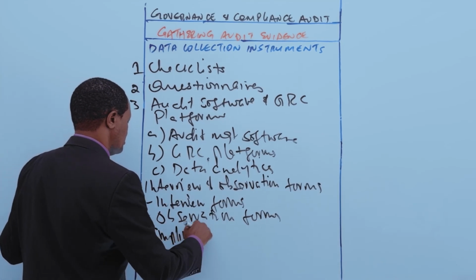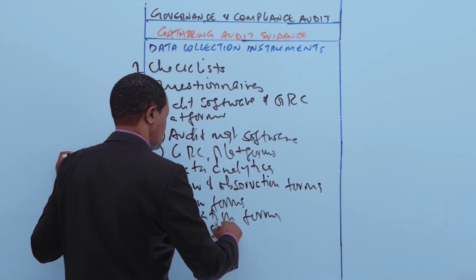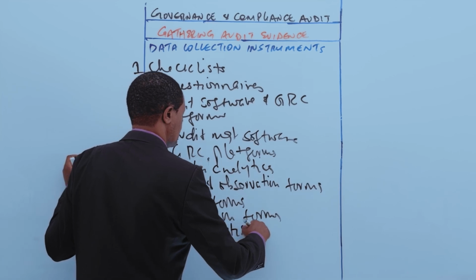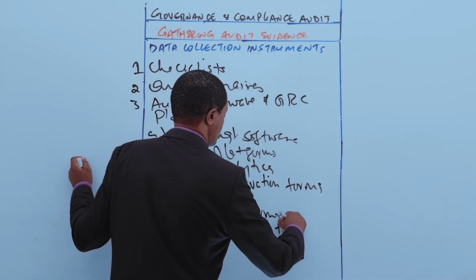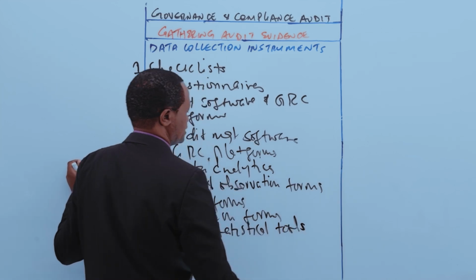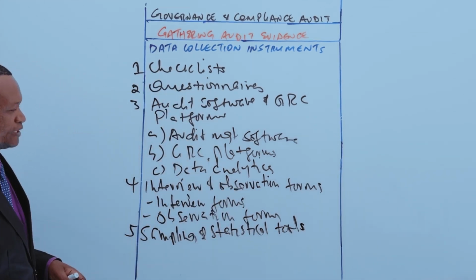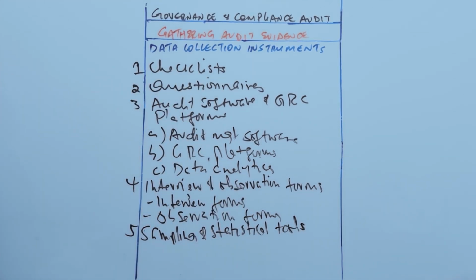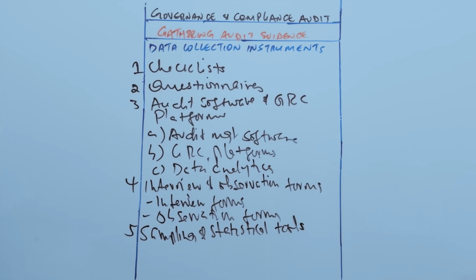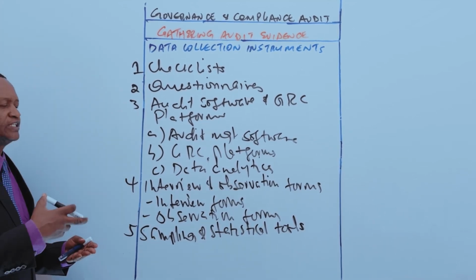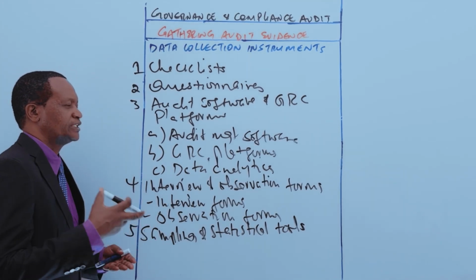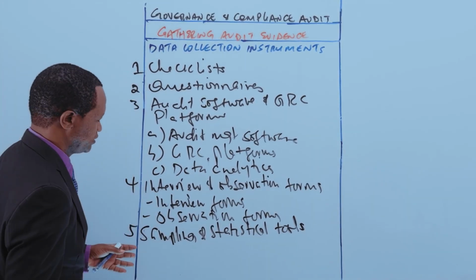Sampling and statistical tools. Here, auditors often use sampling to examine a representative portion of a large population, such as a sample of financial transactions or a sample of employee records.